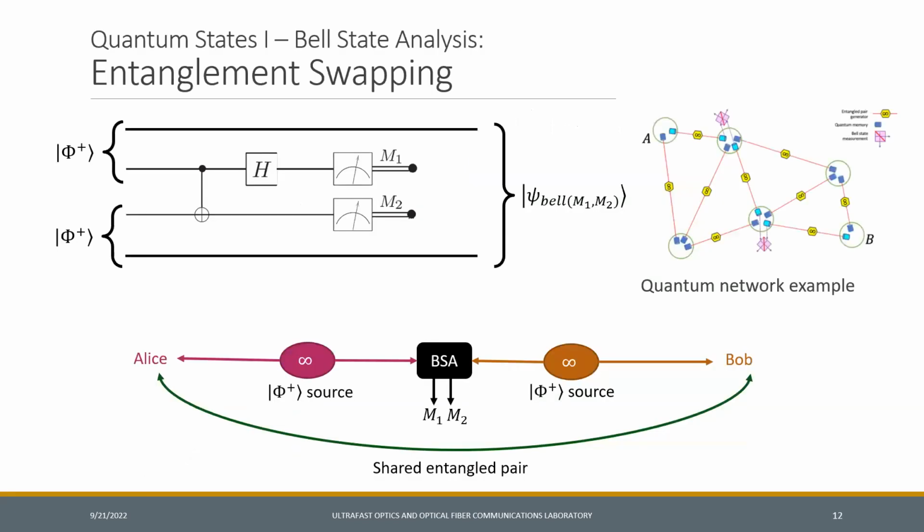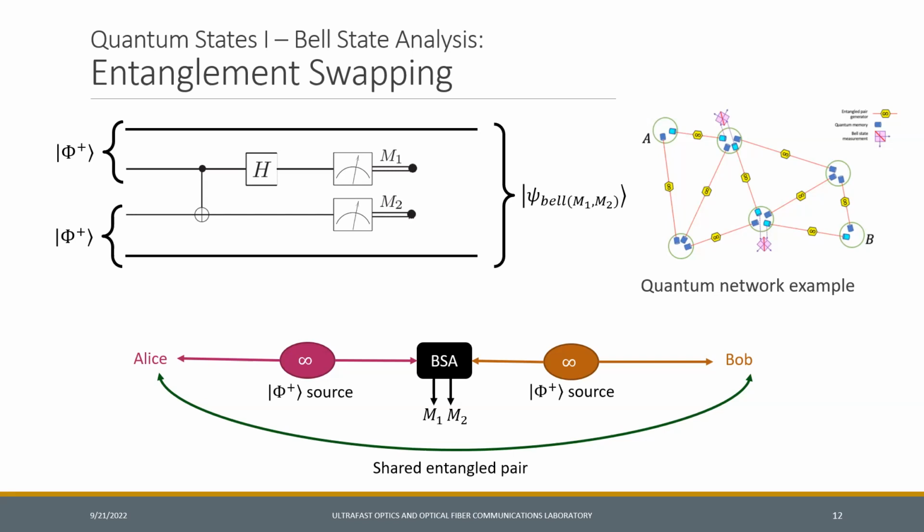So what does Bell state analysis let us do? It lets us actually swap entanglement. If there's some kind of entanglement source that sends 1 photon to Alice and 1 photon to our swapper, and some other entanglement source that sends 1 photon to Bob, 1 photon to our swapper, if we do this Bell state analysis on these 2 different photons, what we will end up with at the end of the circuit is one of the Bell states.